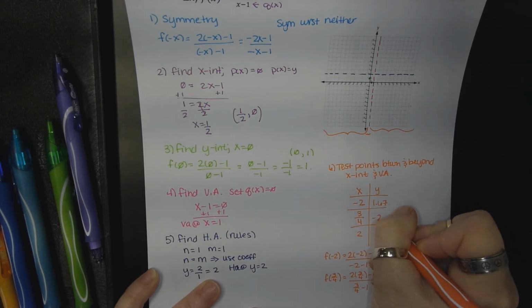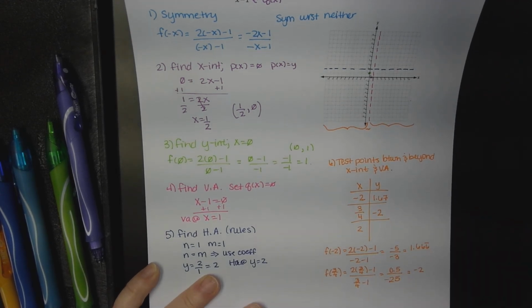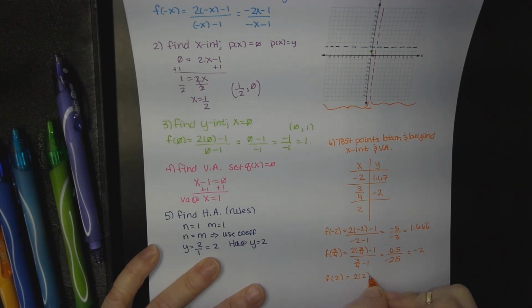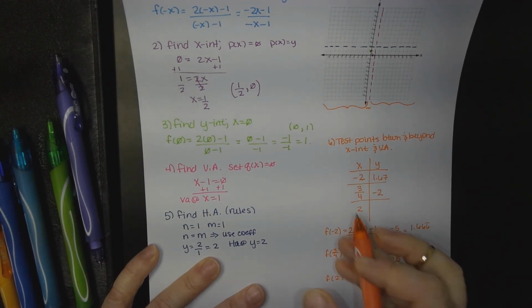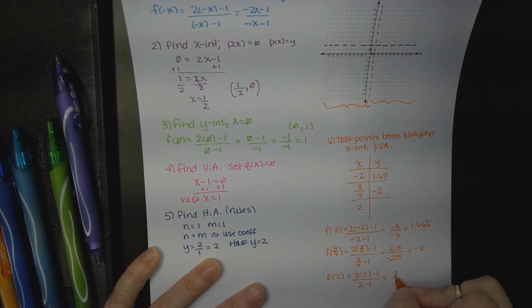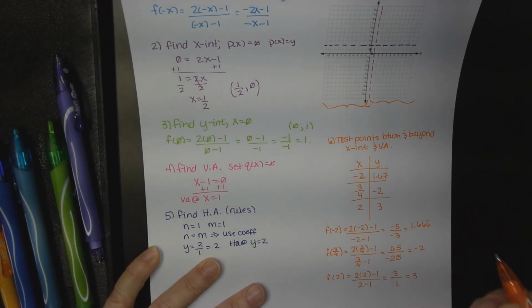So negative 2 is going to be our output here. Plug 2 in, that's going to be f of 2. So 2 times 2 minus 1 over 2 minus 1. So this is 4 minus 1 gives us 3 over 1, which gives us 3. So 3 is going to be our output.